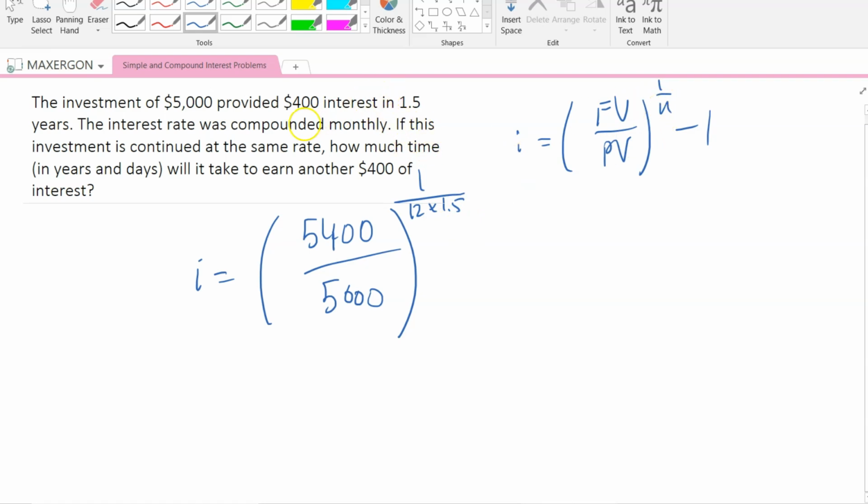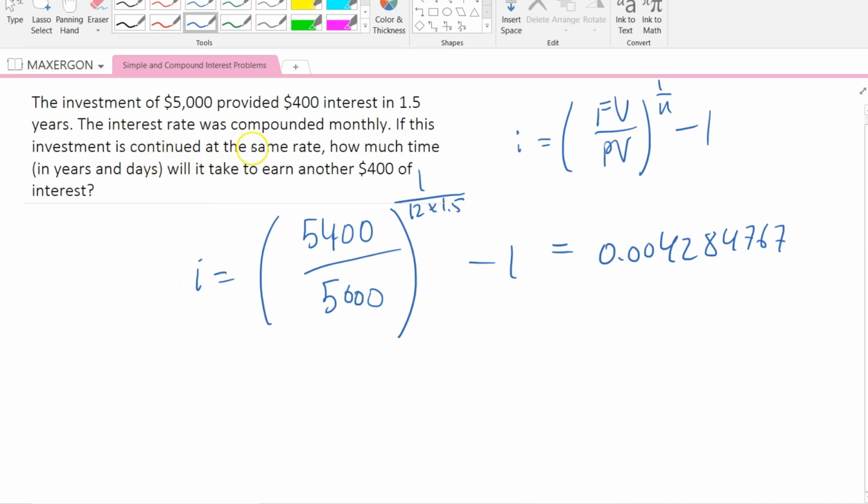M is the number of times the rate is compounded, in this case 12 times per year, because the rate is compounded monthly, and there are 1.5 years here, minus 1. So let's compute that rate. 0.004284767. We're not going to round this rate for now. We'll just keep it in the memory of the calculator and proceed to the next part of the problem.